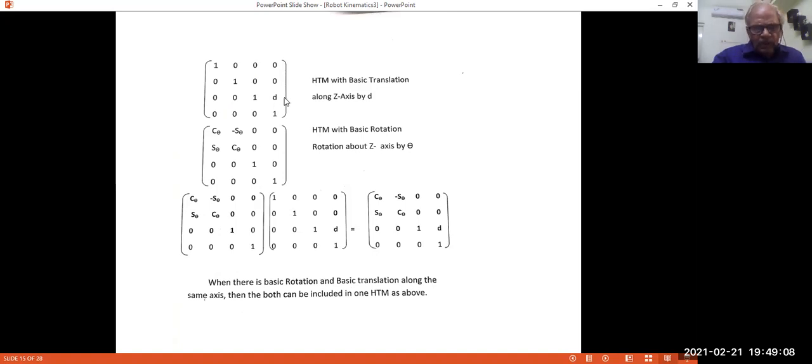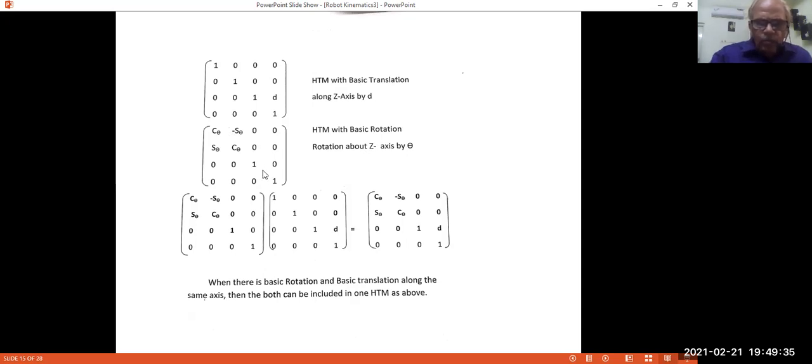Suppose it is along the z-axis and it is by d, then we represent the HTM like this. Suppose you have rotation without any translation. The translation part will be a 0 vector, and the rotation will be, let us say, about the z-axis by an angle theta. It will be given by this rotation matrix.